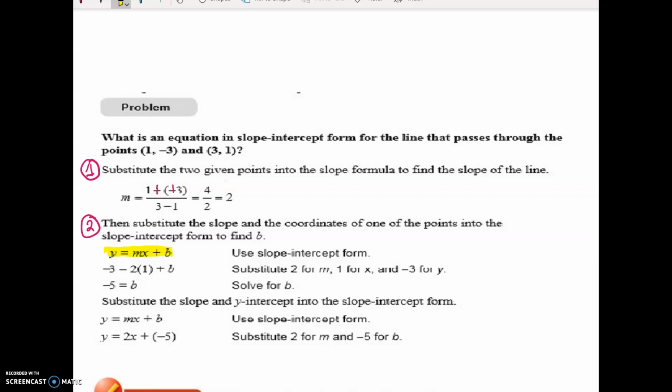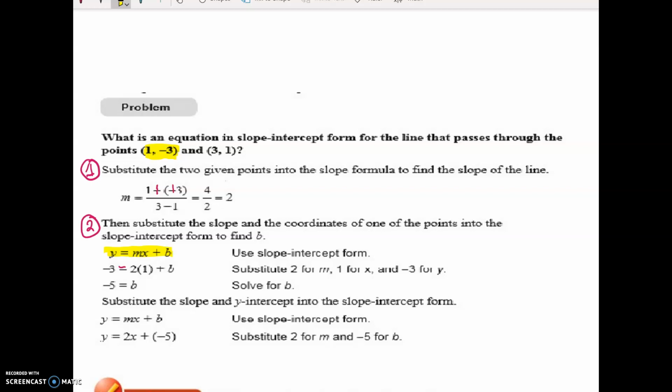I'm going to take 2 and plug it in for m, and then I'm going to take one of the points. It looks like they used the first point here. So we're going to take 1 and plug it in for x, and we're going to take -3 and plug it in for y. Now we have an equation that we can solve for b.